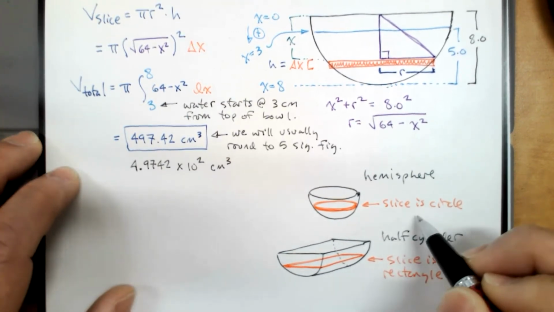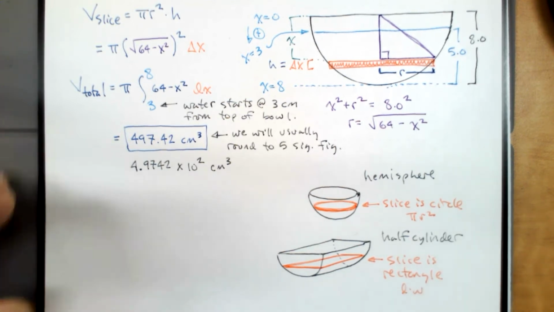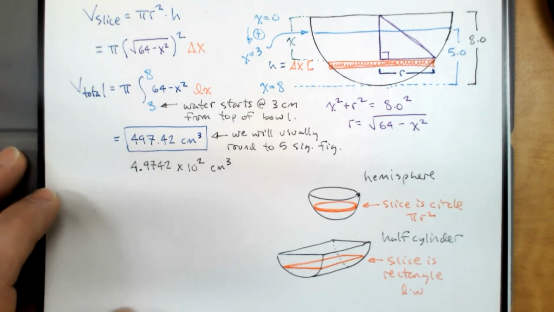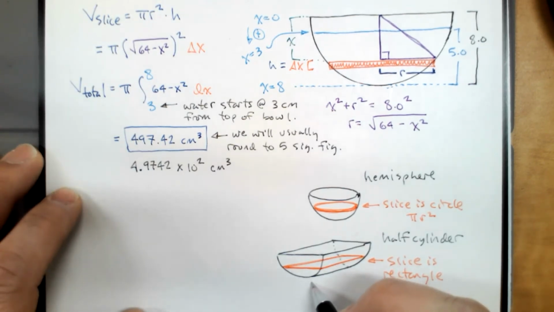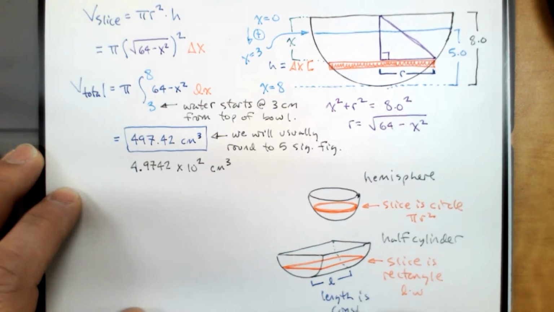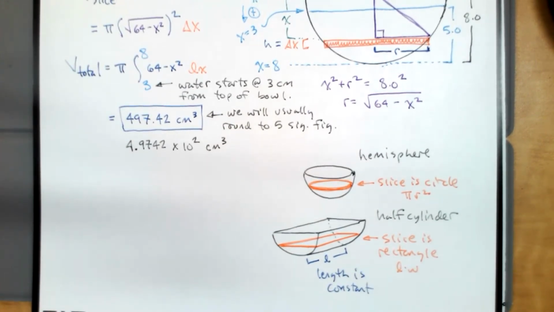So where our hemisphere had a cross-sectional area of pi r squared, our rectangle has a cross-sectional area of length times width. Moreover, in this half cylinder situation, the length is constant. What isn't going to be constant is the width. Down at the bottom, the width is equal to 0.